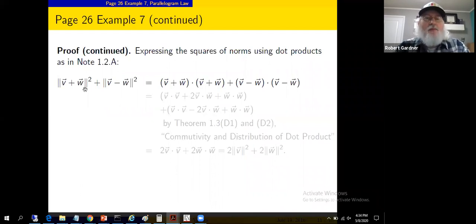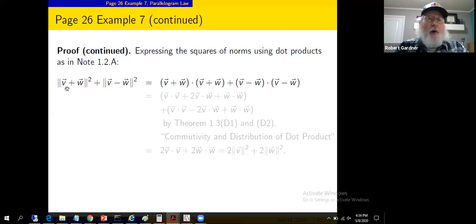The norm of V plus W squared, plus the norm of V minus W squared. That's one side of the equation that they're claiming. The other side is norm V squared plus norm V squared plus norm W squared plus norm W squared. So I get all 4 of them. All right. Hey, how do you compute norm squares of a vector? Let's use dot products.